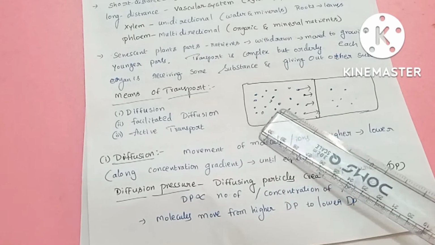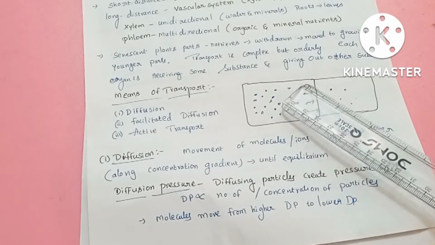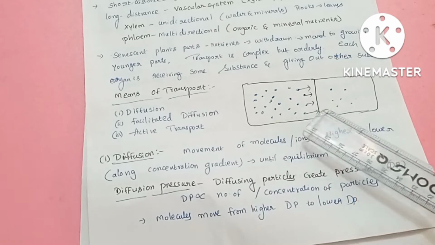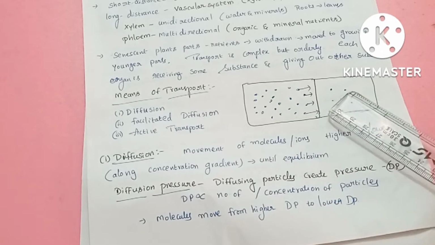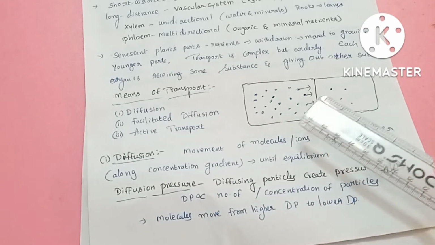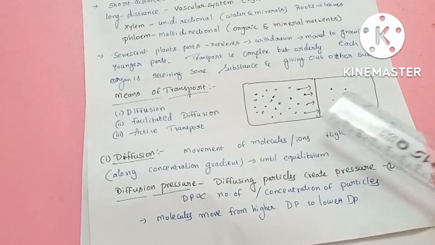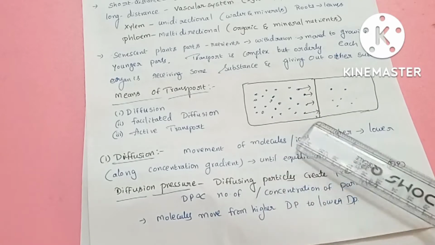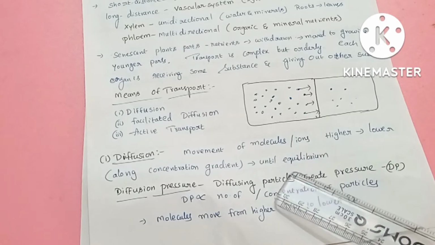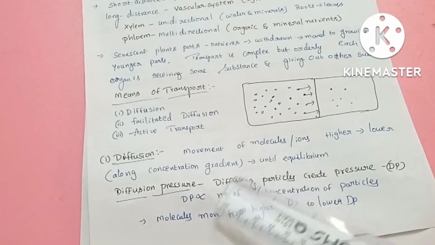From higher concentration to lower concentration, the molecules are moving, right? When will the diffusion stop? When the two regions have the same number of molecules, that means when they reach equilibrium, the diffusion will stop.